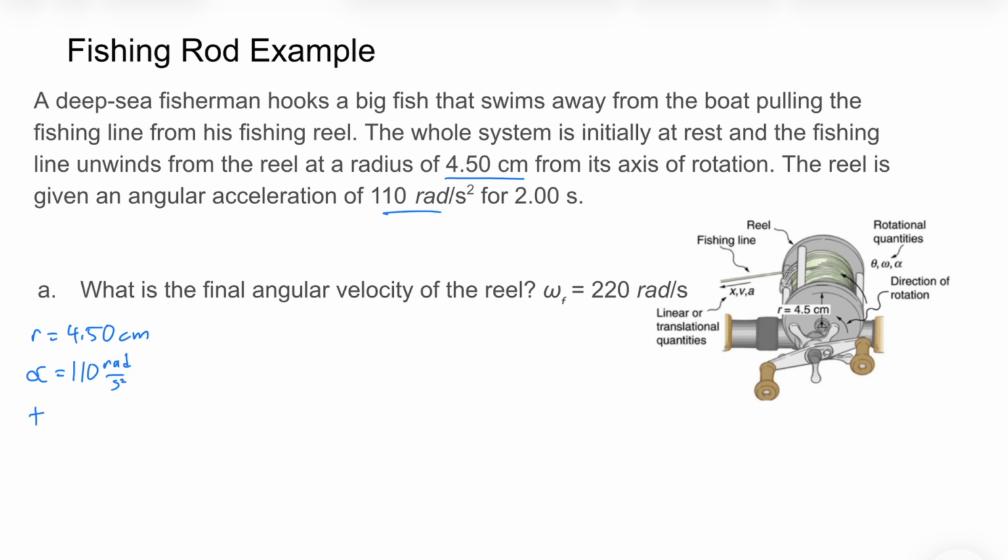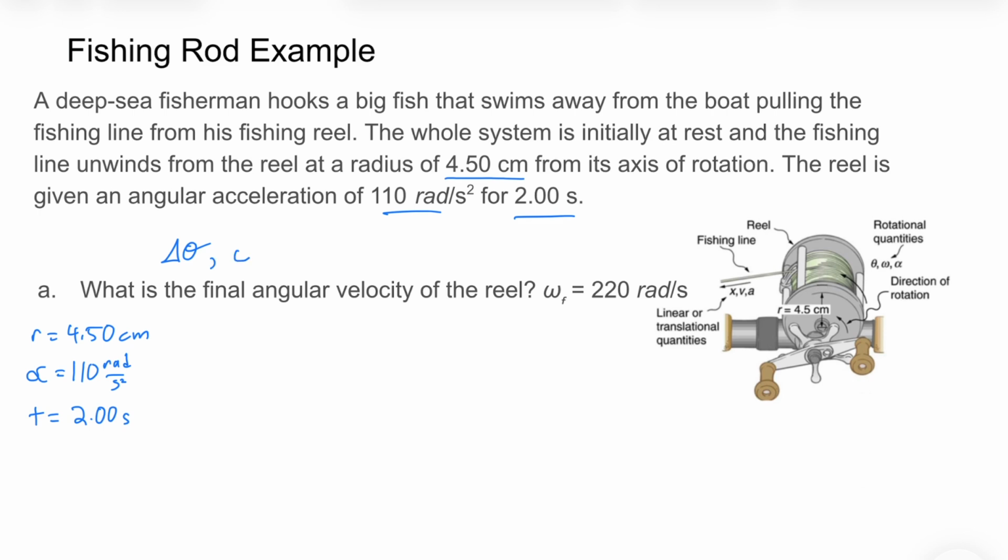We know that the amount of time that passed during this interval is 2 seconds. So we have three variables right now, right? But our radius is not actually one of our kinematics variables, because that doesn't show up in our four kinematics equations, right? So we need one more of our kinematics variables, those being our rotation angle, delta theta.